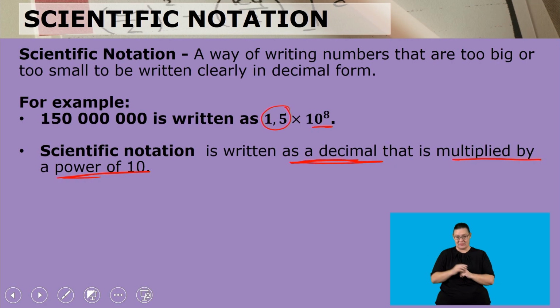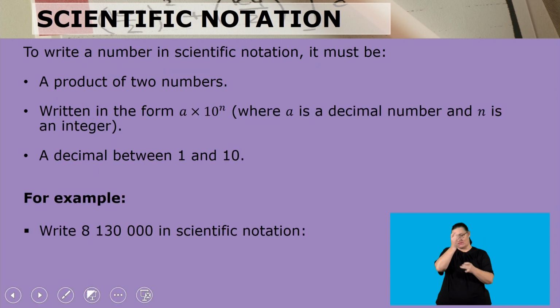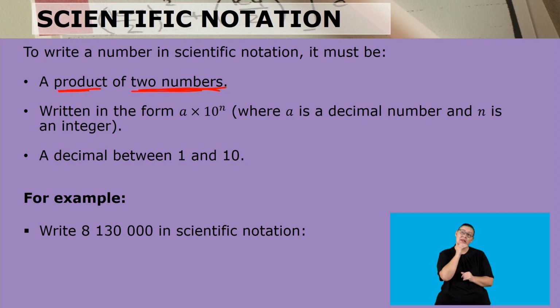Let's learn more on how we can do this and what is needed for us to write numbers successfully in scientific notation. Well, to write a number in scientific notation, it must be, firstly, written as a product of two numbers. So it needs to be a product, which means we multiply, of two numbers, right?